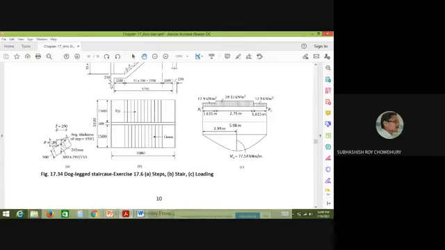So the cross sectional area is 0.15 into 0.25. In this direction, if you consider 1 meter, then it will be 0.15 into 0.25 into 1 into half. Okay, so half into 0.15 into 0.25 into 1 meter. 1 meter means the width. Okay, so that will be the volume, multiplied by 25, the unit weight of the concrete.